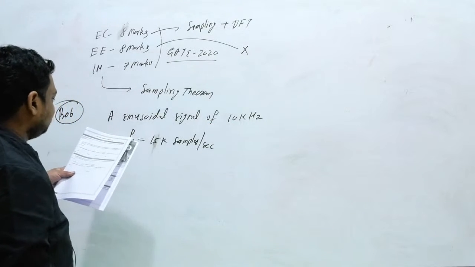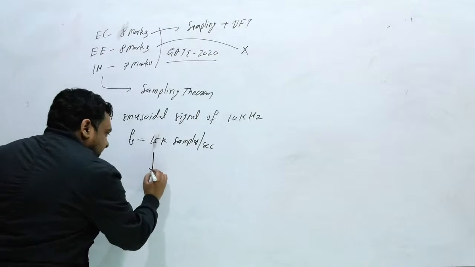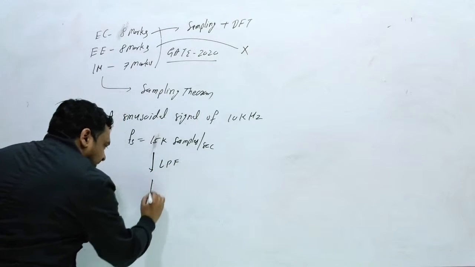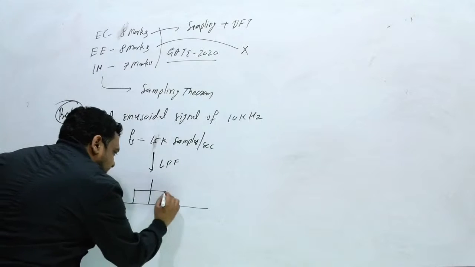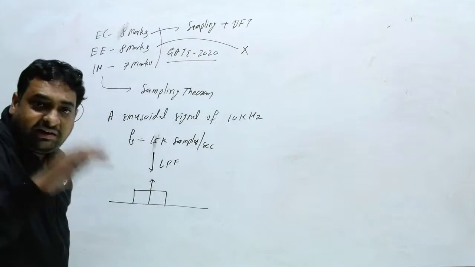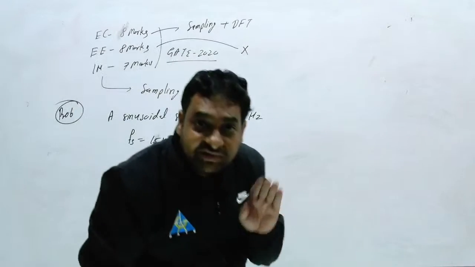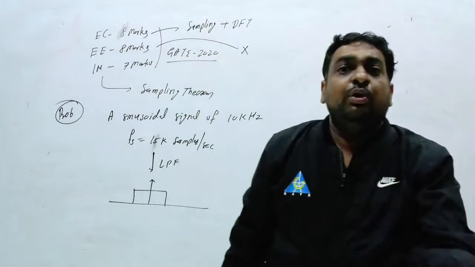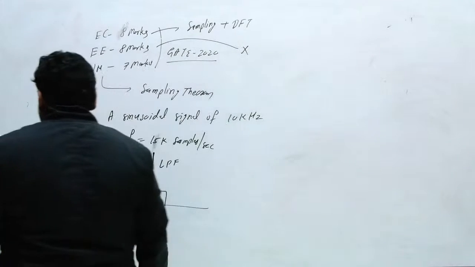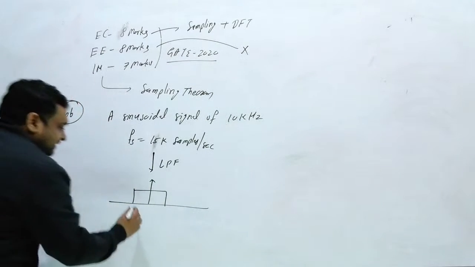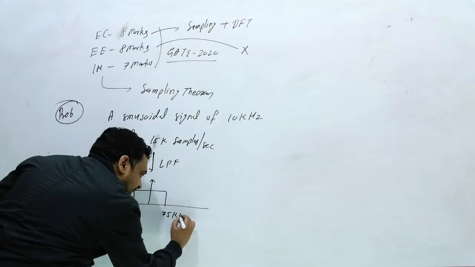Now the resulting signal is passed through a low pass filter, meaning they are considering this a low pass sampling. They are passing it through the low pass filter, and the cutoff frequency is 25 kilohertz.